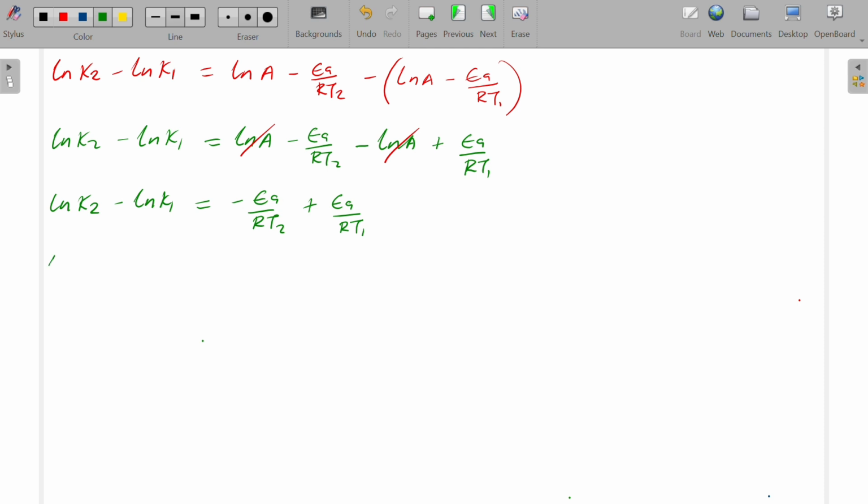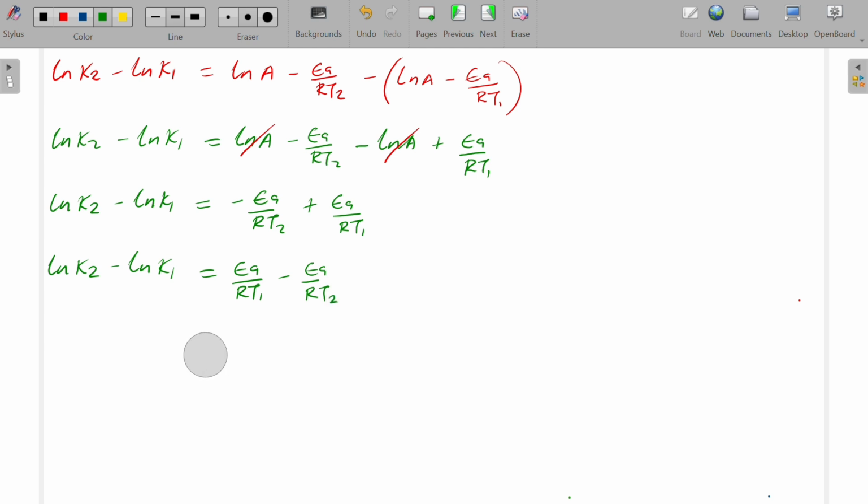What we'll have there is natural log of K2 being subtracted by natural log of K1 in that case, and this will be equal to the activation energy over RT1 minus the activation energy over RT2, like that. So that's what we're going to have.